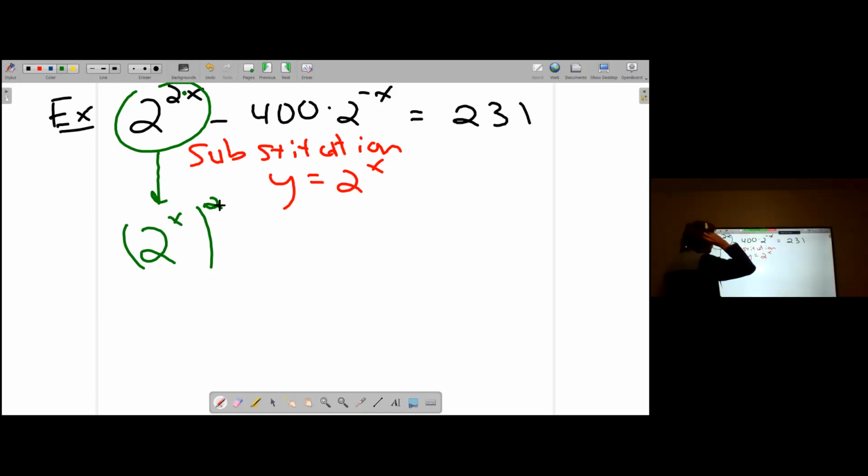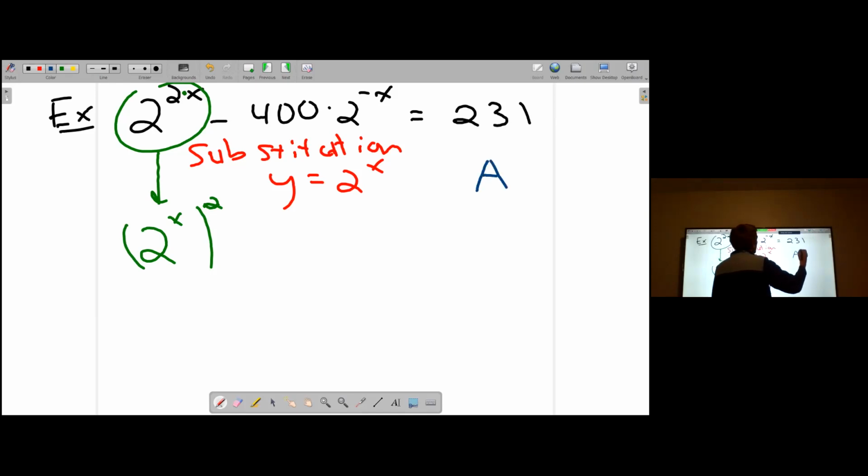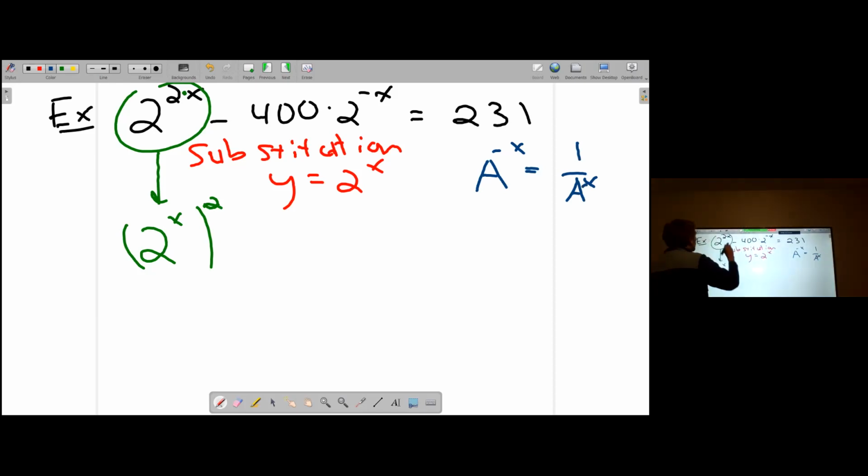Okay, what about this 2 to the negative x? Well, I didn't actually write that rule, but you can derive this rule from the subtraction rule. a to the negative x is just 1 over a to the x. So that's what we're going to do with that one.